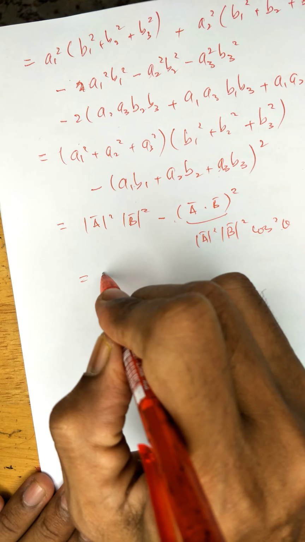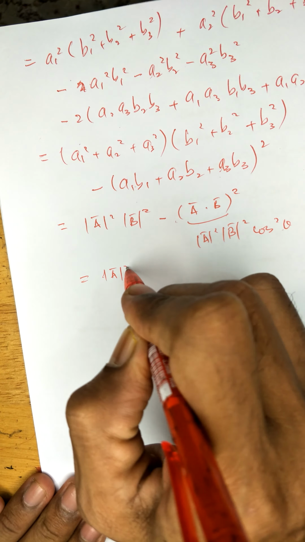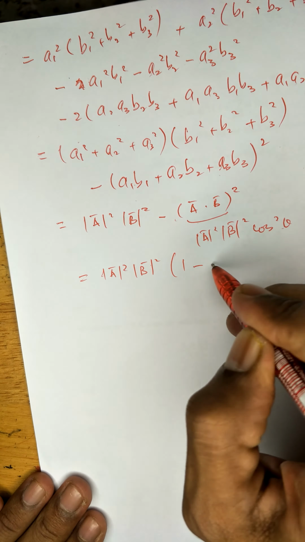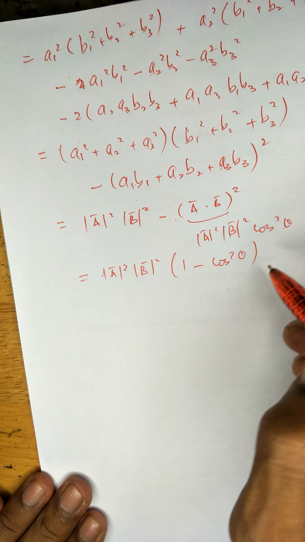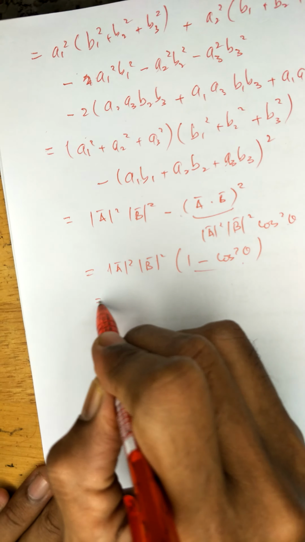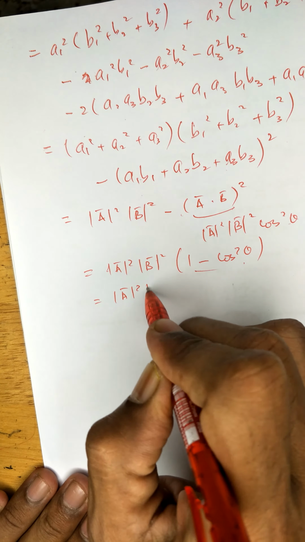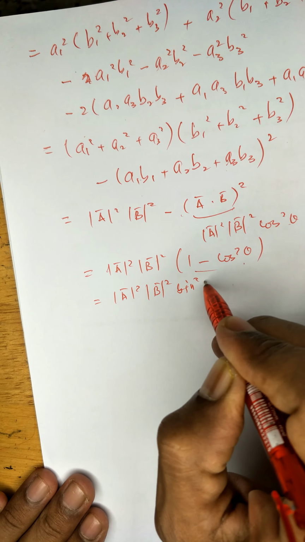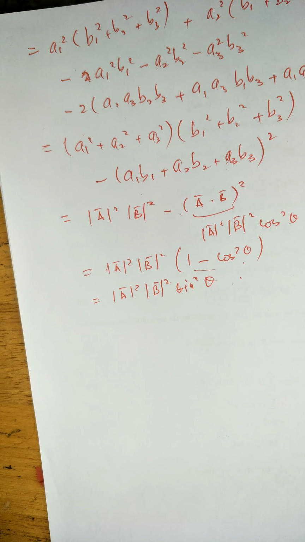That gives you A squared B squared (1 minus cos squared theta), and this is sine squared, so that gives you A squared B squared sine squared theta.